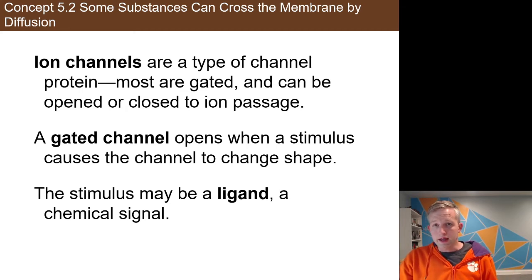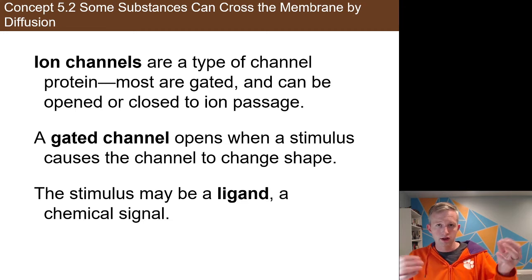They can be gated, which means that we can control the allowance of ions to diffuse in or out of the cell, which is a huge component in the mechanisms by which the nervous system works, in that by creating a control mechanism to allow certain things in at certain times because of different stimuli, that allows us to detect changes.